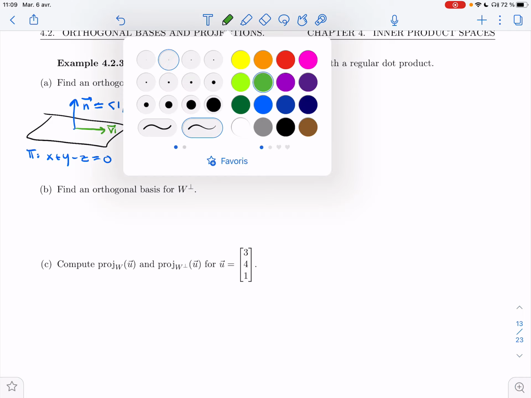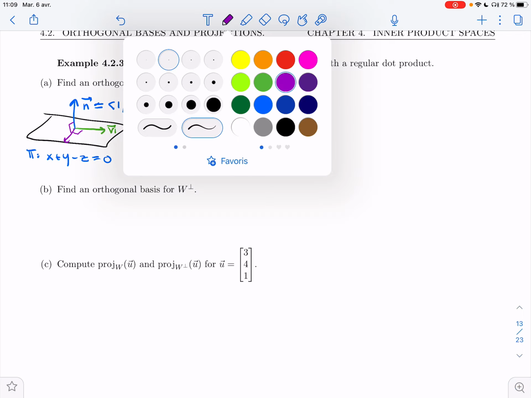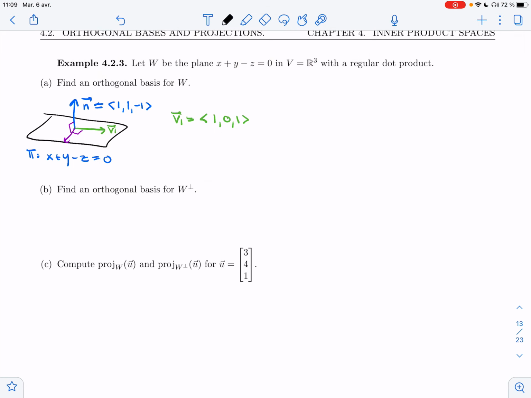And now I want a second vector. That vector needs to be perpendicular to n so that it is on the plane. It needs to be perpendicular to v1 because I want an orthogonal basis. So I'm going to take v2 to be n cross v1. Remember the cross product, right?